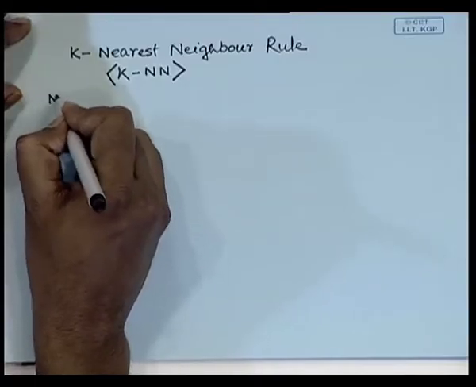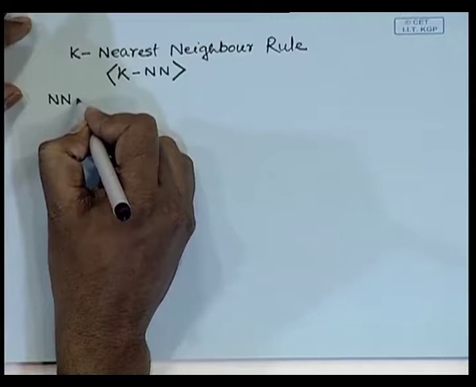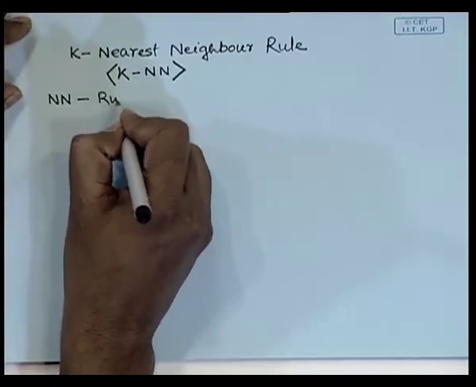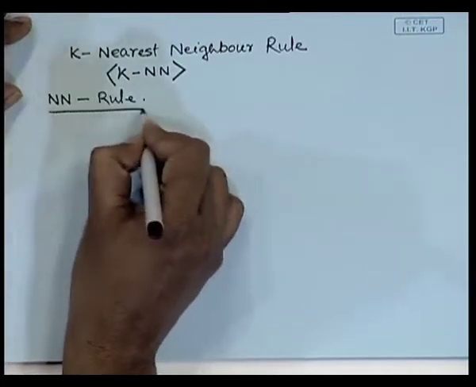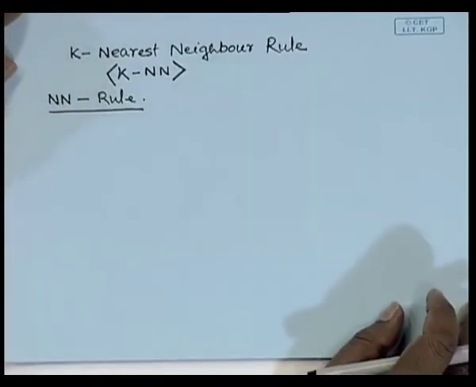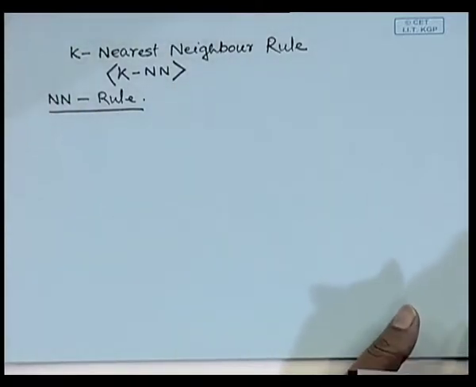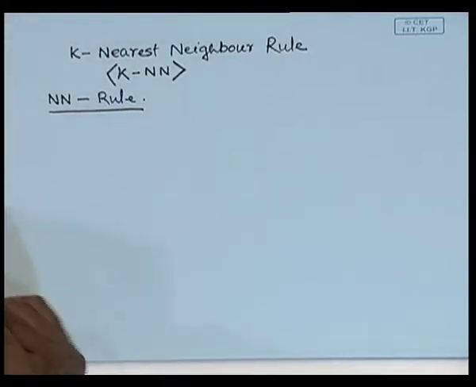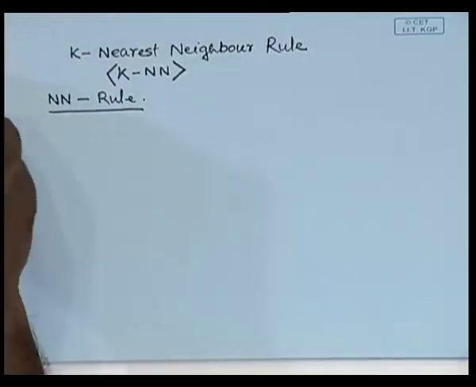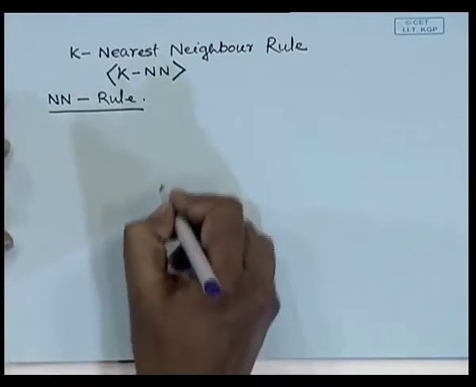Now, following this, if I go for simply the nearest neighbor rule, I should be able to find out what the decision boundary is between different classes. So, let us take a very simple example, something like this. Say I have a number of samples.